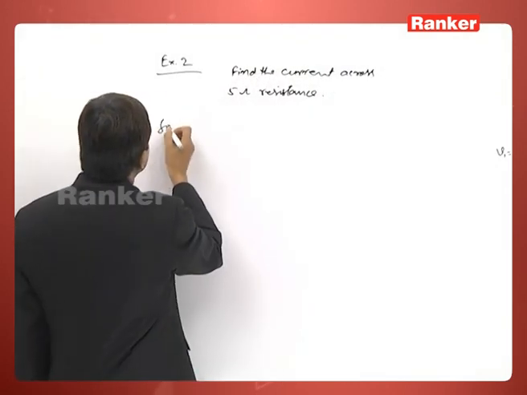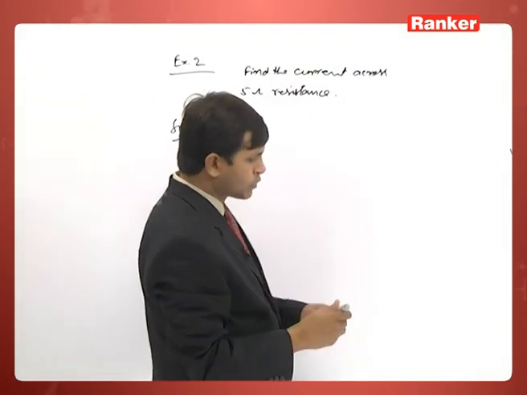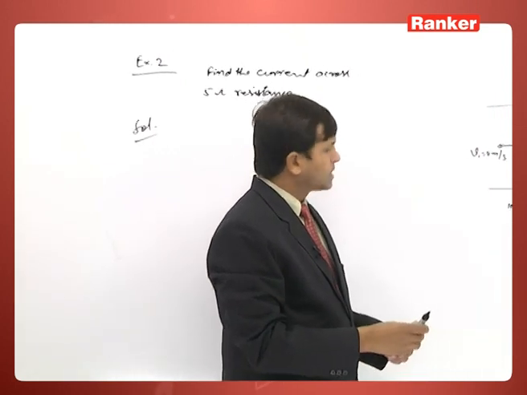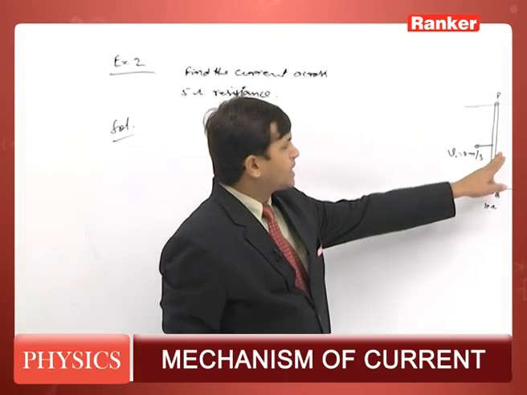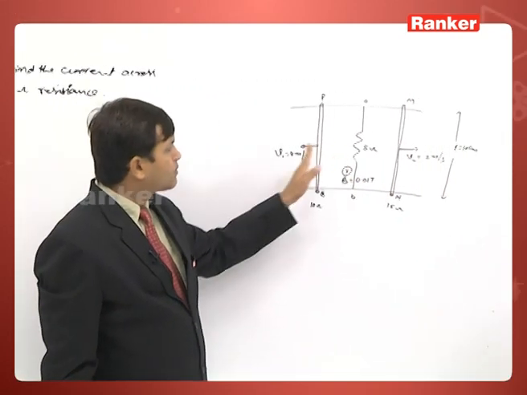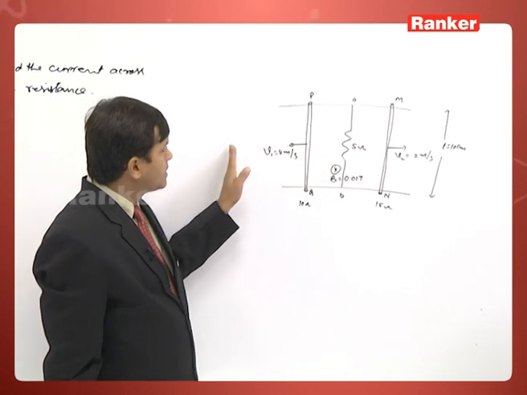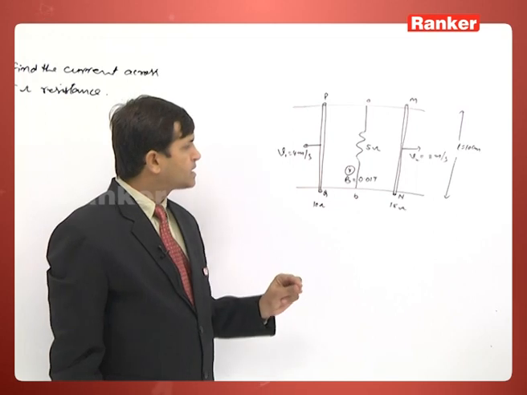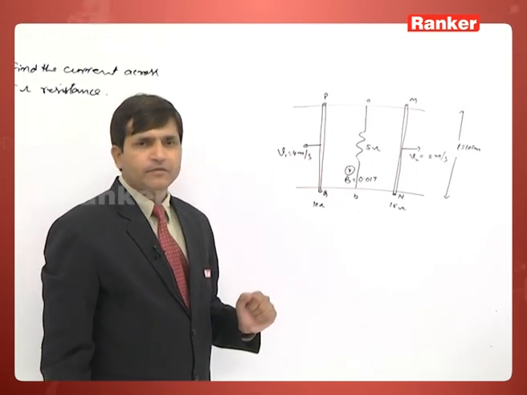Now see the solution. How to do this? See, as we know, these are our two conductors PQ and MN. These two conductors are moving in a magnetic field. Due to the motion of these two conductors, there is an induced EMF.